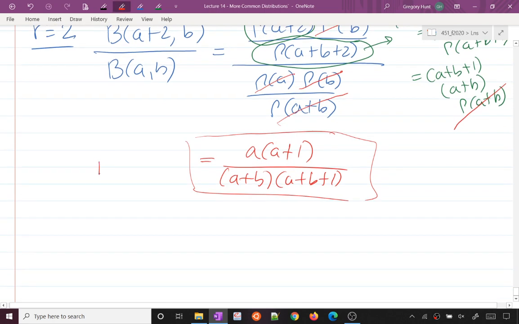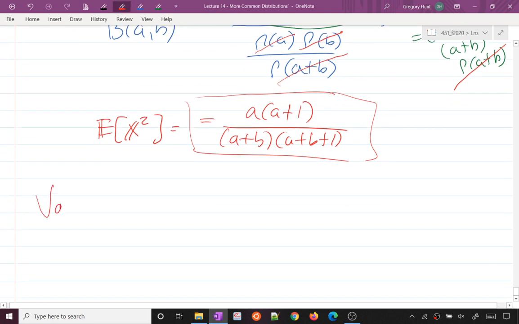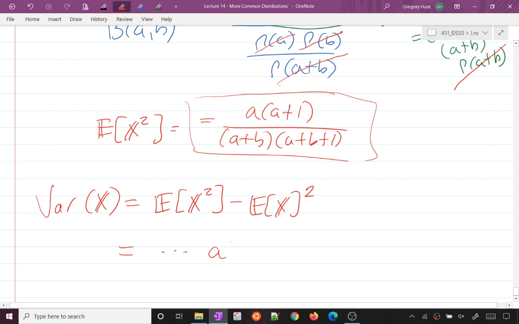So this, of course, is my second moment, right? And so the variance of x by my shortcut formula is E of x squared minus E of x quantity squared. We now know what the second moment is. We know what the first moment is.